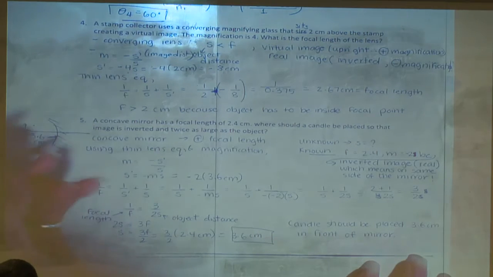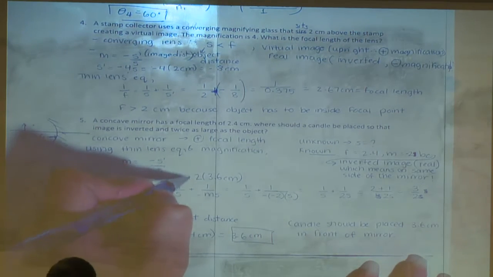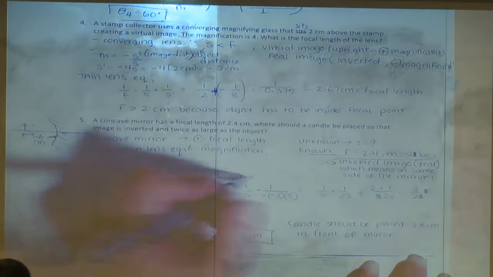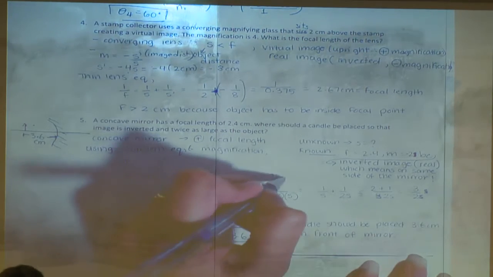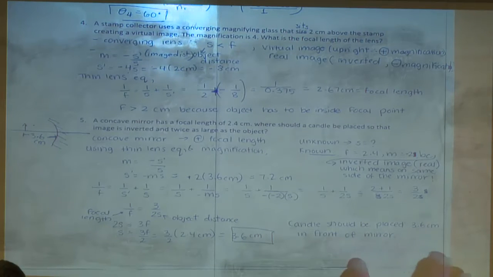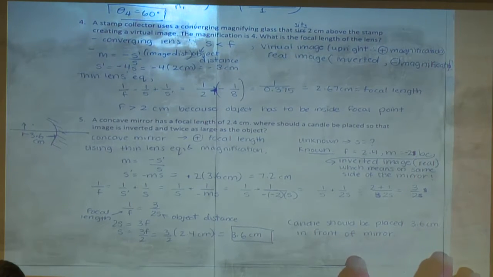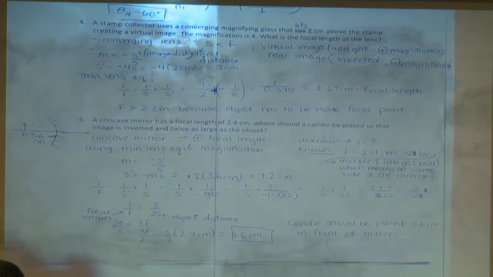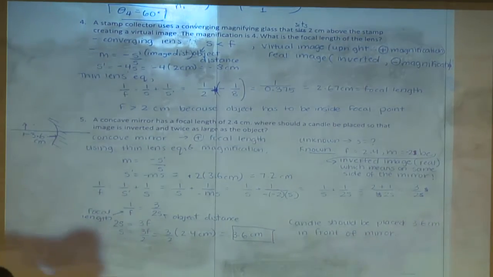I mean, this would be positive because the magnification is -2. So then that would be 7.2 centimeters, I believe. So our image distance is 7.2 centimeters. All right, any questions? Okay, let's move on. Am I going too fast? All right.